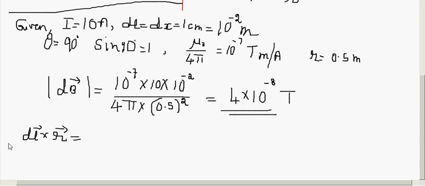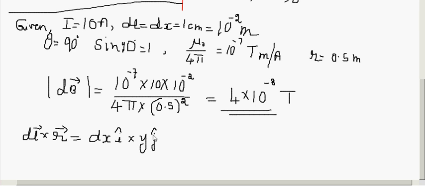We know dl is dx into unit vector i, cross r, and this distance r is along the y direction, so we can take it as y into j.